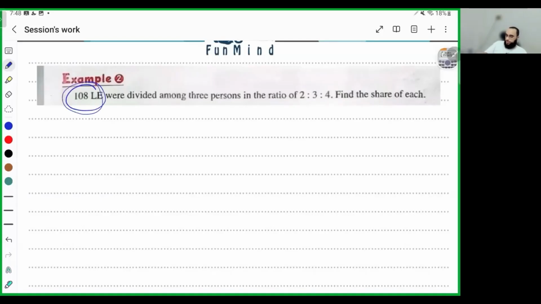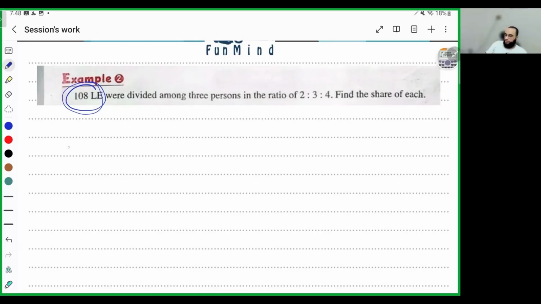This amount, we want to divide it among the 3. Then it belongs to what? The first, the second, the third, or all of them? All of them. Then it's a sum question also. How many persons do you have? First and second, or are there 3? 3.